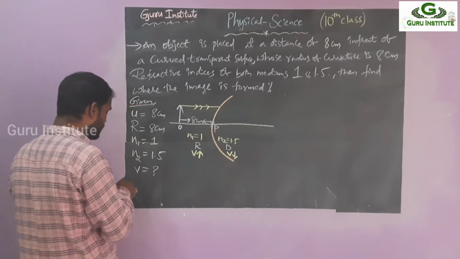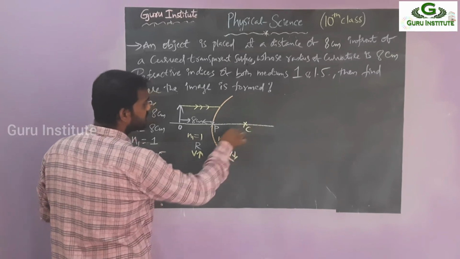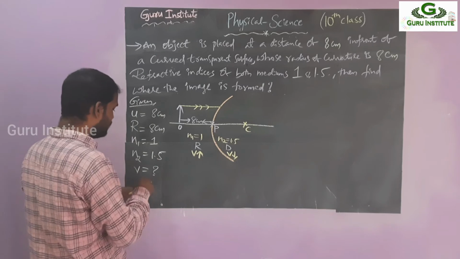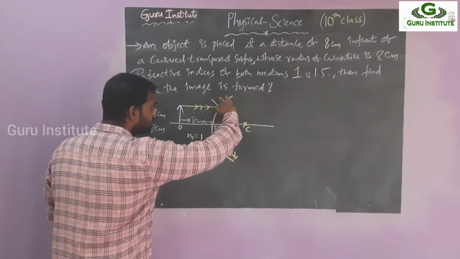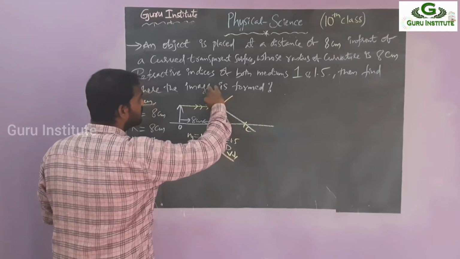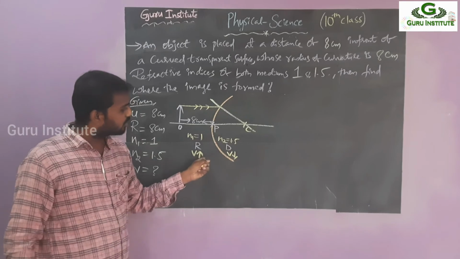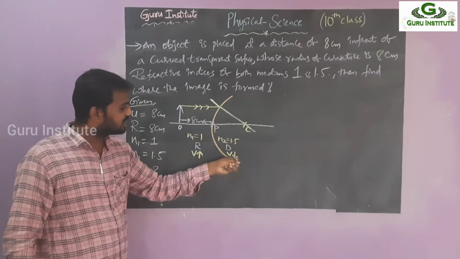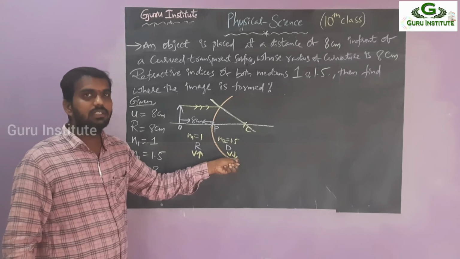So first we have to draw the normal. In order to get the normal, we take the center of curvature. Suppose this is C. Join this center of curvature, and this is the normal line. So v is more to v is less, that means rarer to denser, and bending towards the normal.